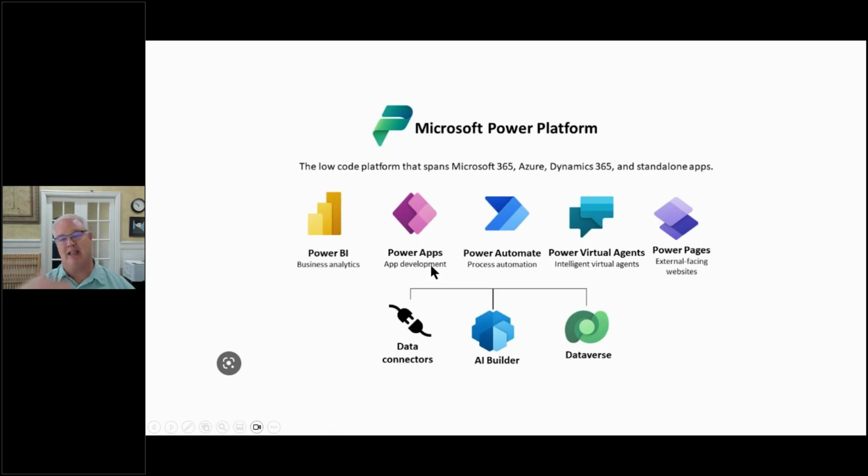Power Apps is that universal form builder that allows you to collect and process data from pretty much anywhere. Power Automate is the business process. It's the rules that take the data from the form and then say, if it's an invoice over this amount, I need it to go to this person and this has to be approved, all that stuff. Power Virtual Agents is the chat bots that engage and allow customers to do things like look up where's my order or when does my product arrive or how do I pay my bill, that kind of stuff.